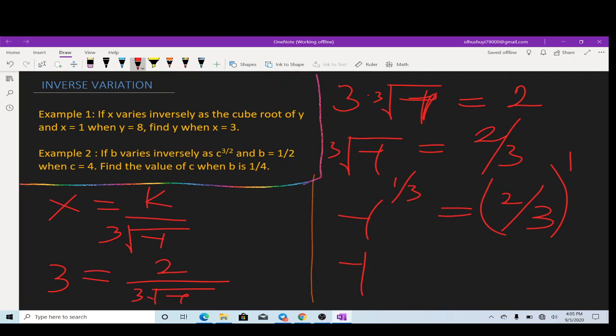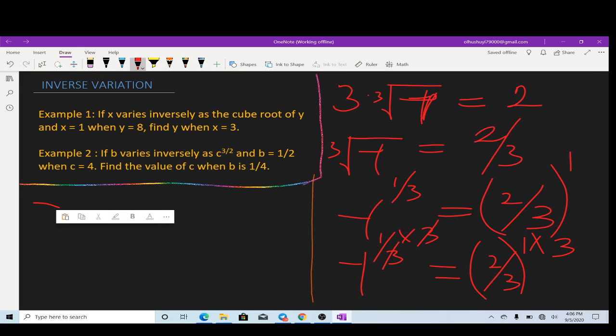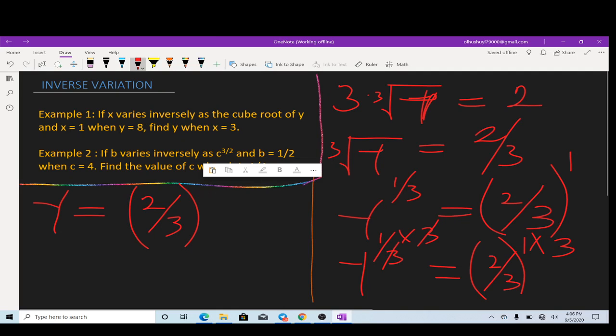So y raised to power 1 upon 3 times 3 is equal to 2 upon 3 raised to power 1 times 3. So y is equal to 2 upon 3 all raised to power 3.